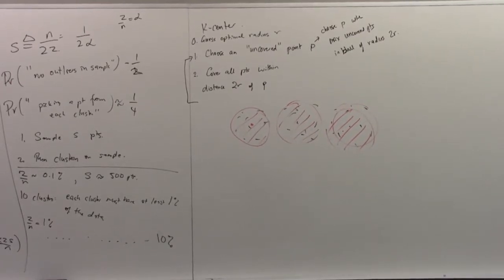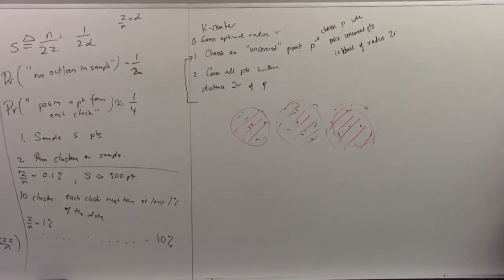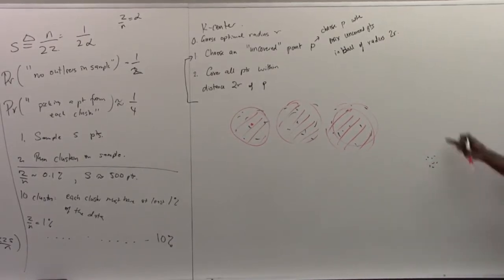Try to be greedy. I want to make that modification because it now tells you a second thing about these outliers. Not only are they far from points, there are not many points in the neighborhood either. So this goes back to the density comment you were making earlier. These points are both far from everything and far from each other. Because if there were lots of points that were far away, but there was a dense group there, eventually I would say, oh look, there's a point here with lots of uncovered points in the ball, and I would pick it. They would not be an outlier.